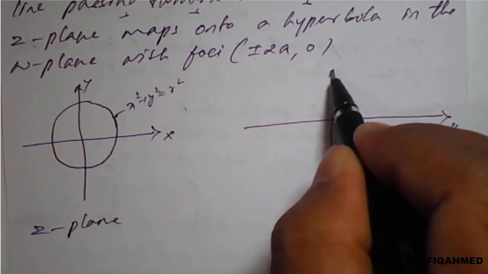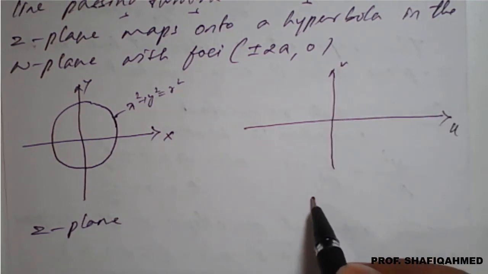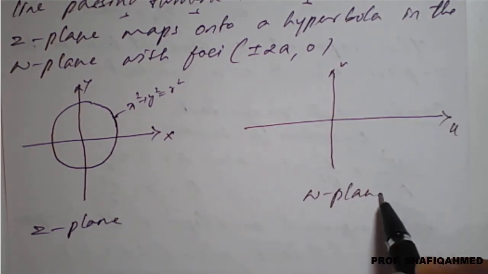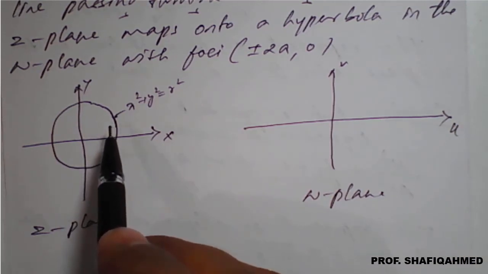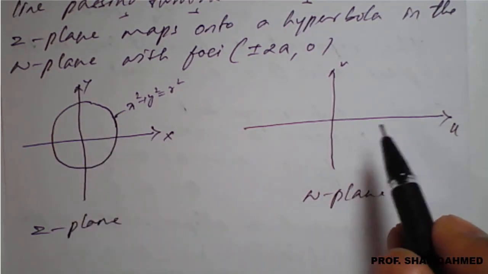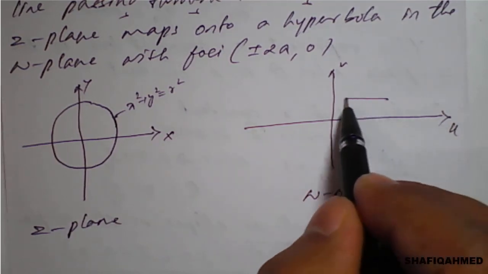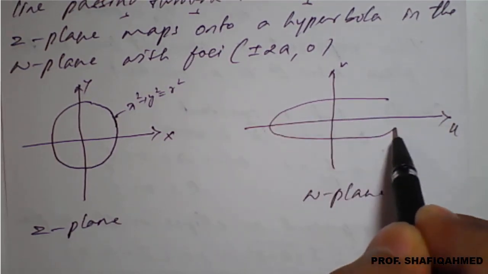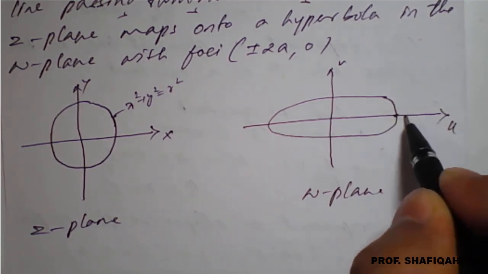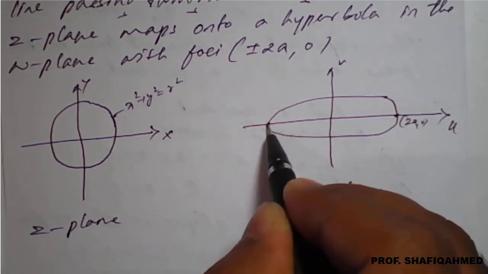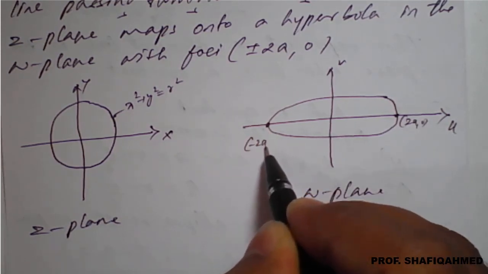This is u and v. This is the omega plane. The circle is converting to what here? Ellipse. With this point 2a comma 0, and this point I am taking as minus 2a comma 0.